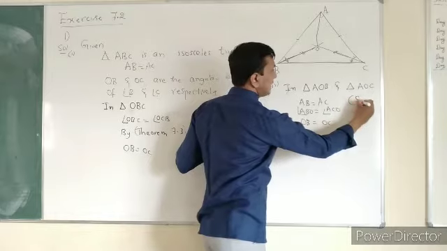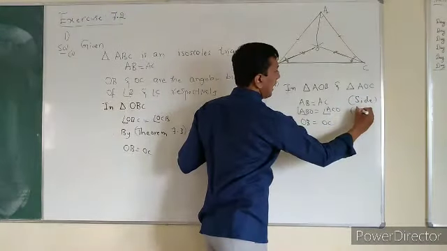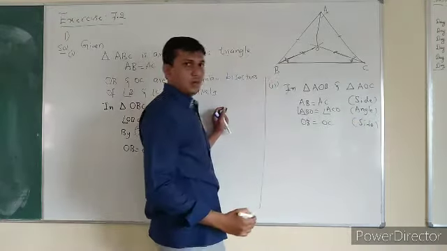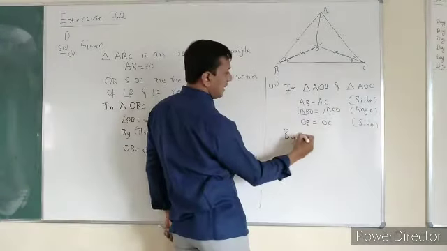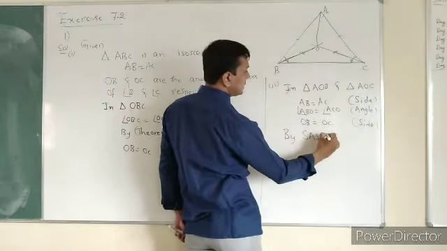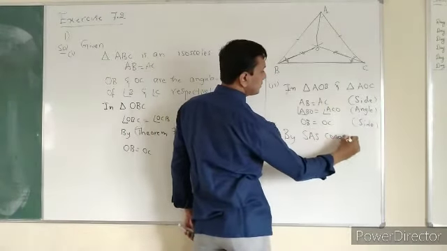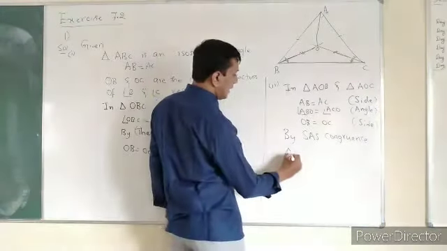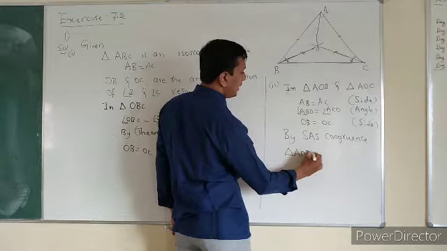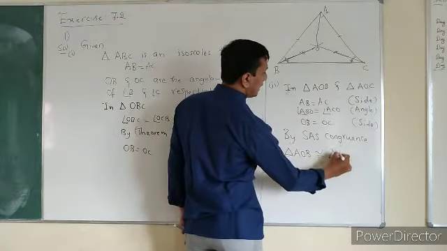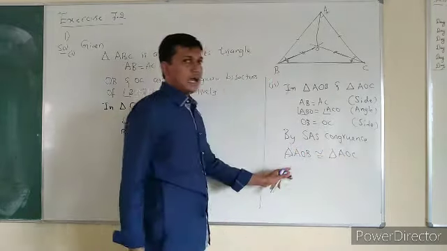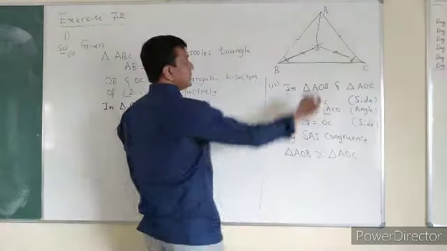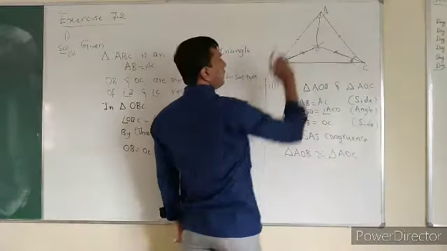This is side, angle, side. So by SAS congruence rule, triangle AOB is congruent to triangle AOC. If they are congruent, the corresponding angles and sides are also equal. I want only this angle for my proof.